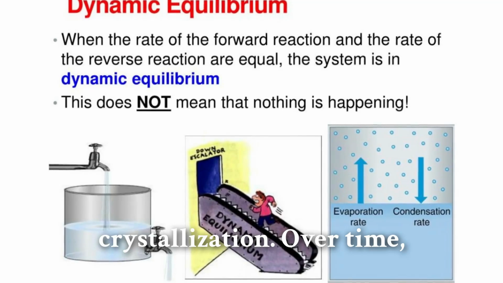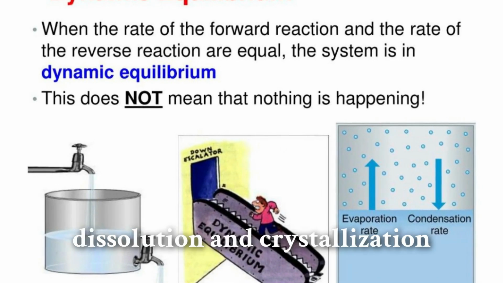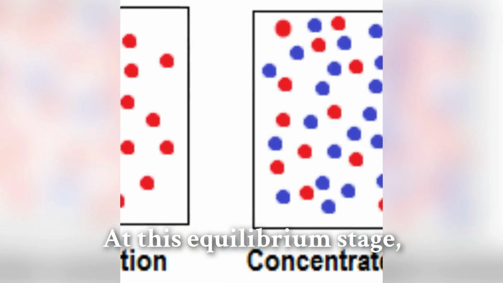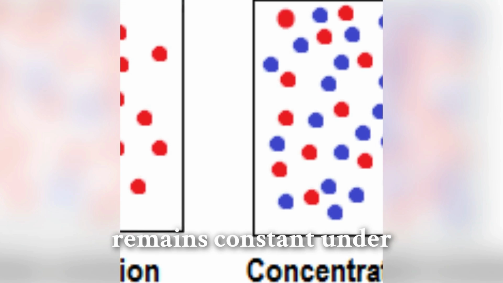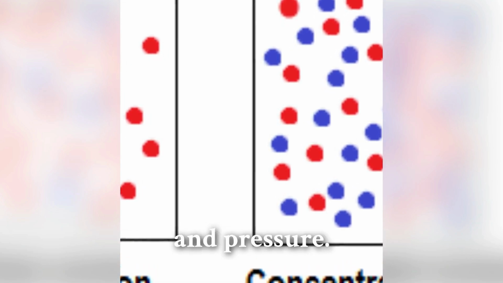Over time, a dynamic equilibrium is established when the rates of dissolution and crystallization become equal. At this equilibrium stage, the concentration of solute remains constant under specific conditions, such as temperature and pressure.